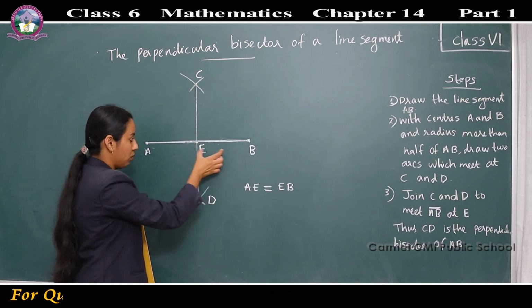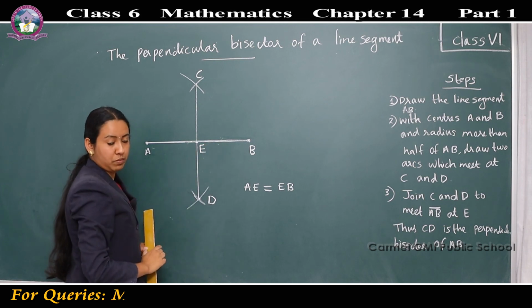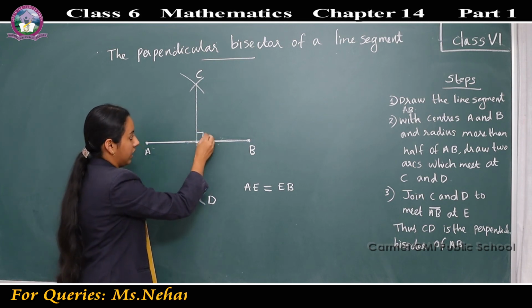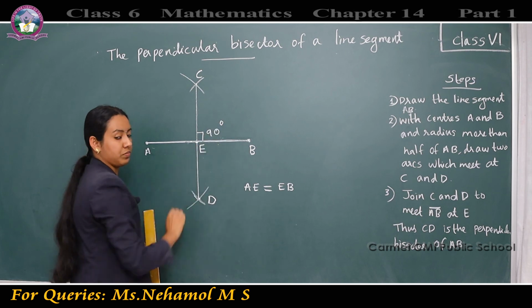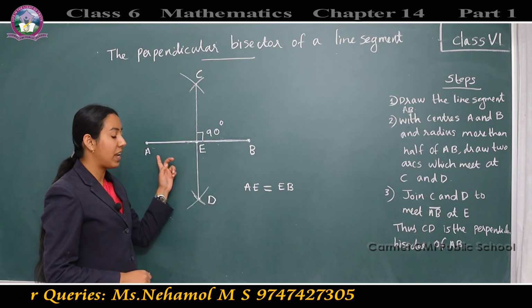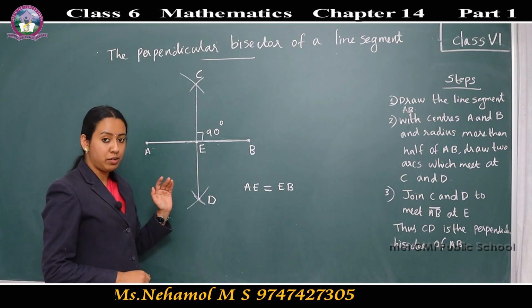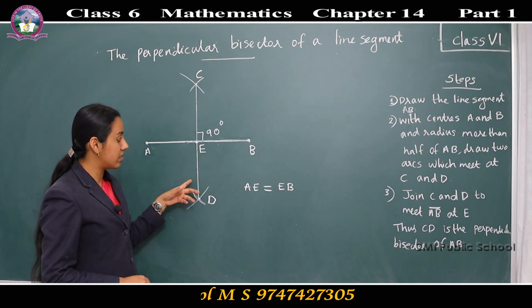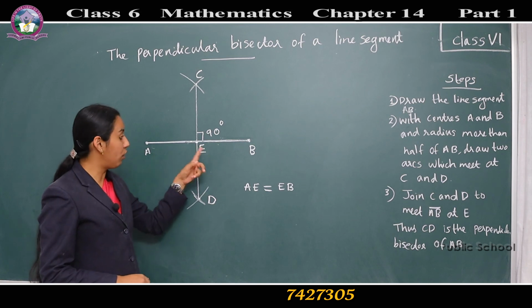So, these two parts are equal and this angle will be 90 degrees. Thus, CD is the perpendicular bisector of AB and we can also say CD is the axis of symmetry of AB.